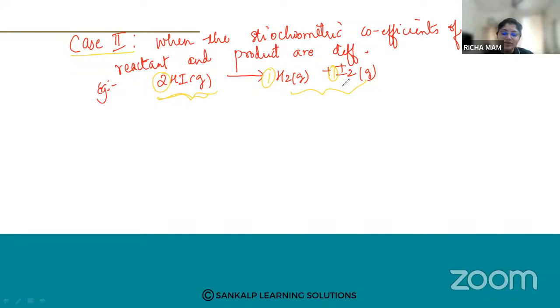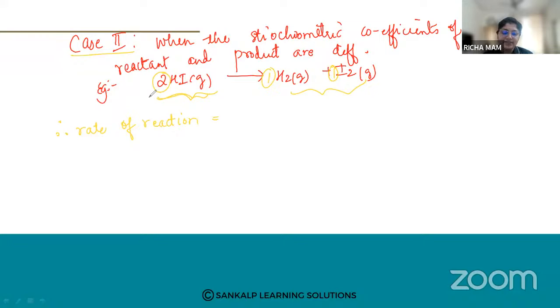In such cases, the rate of reaction is obtained by dividing the rate of change of concentration by the stoichiometric coefficient of the reactant or product.